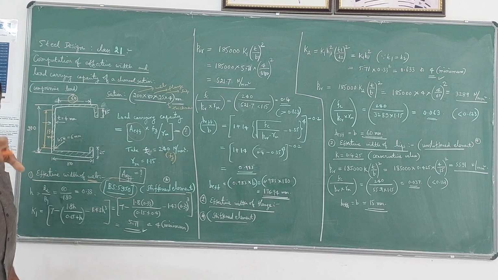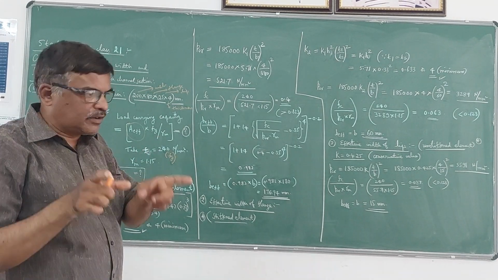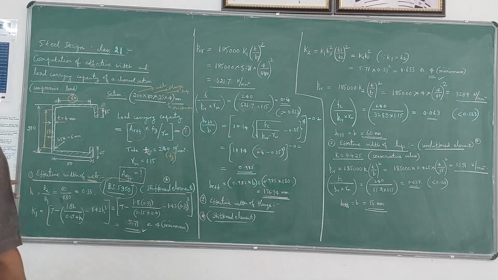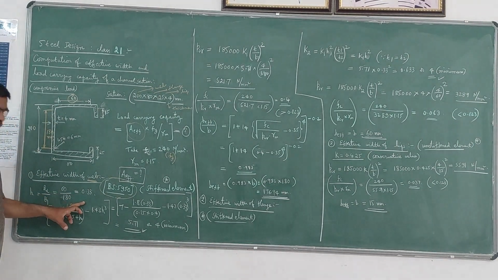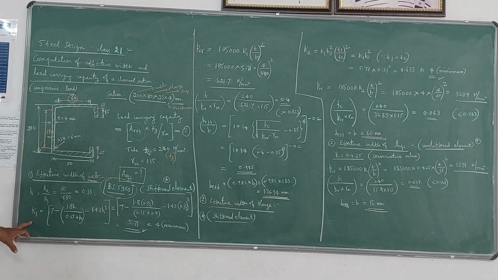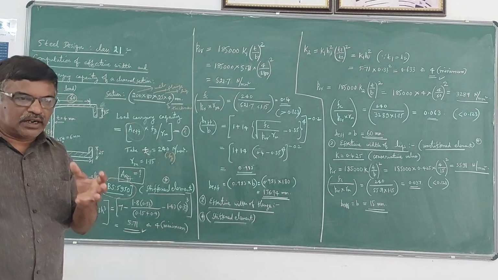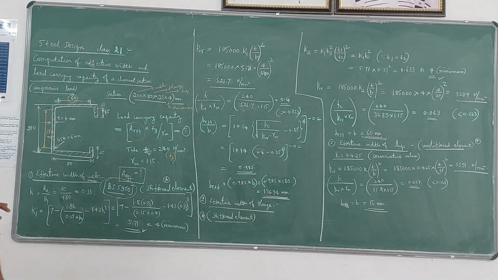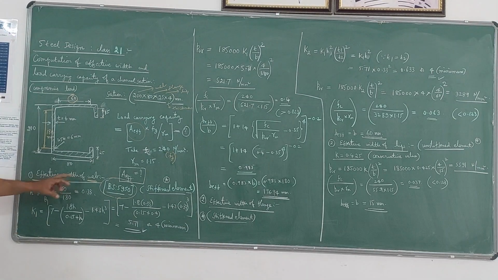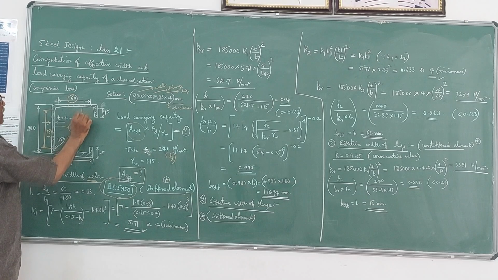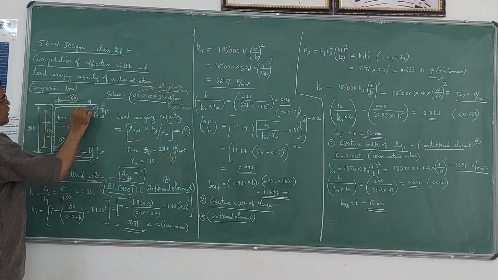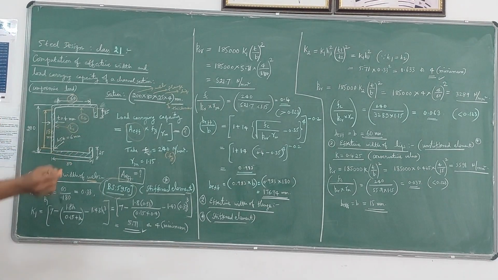I have explained that in the earlier lecture, so please see that. Here B2 is 60 and B1 is 180, the ratio is 0.33. We can compute the local buckling coefficient K1 for this web portion. K1 stands for the web portion, whereas K2 stands for the flange portion. I have explained all these things in the video.